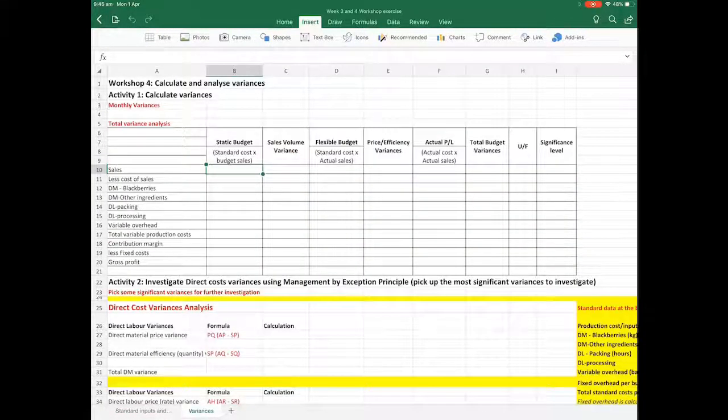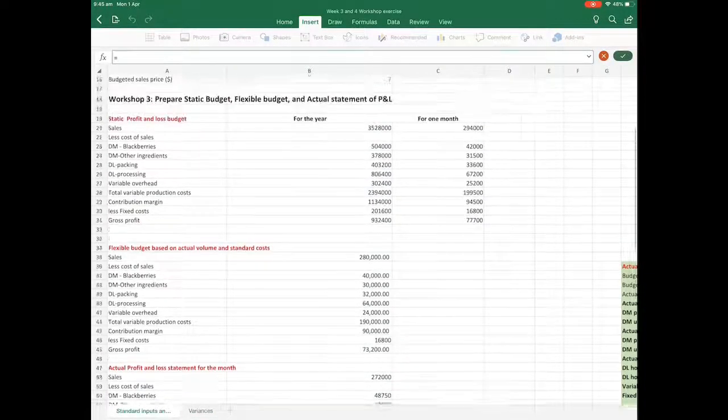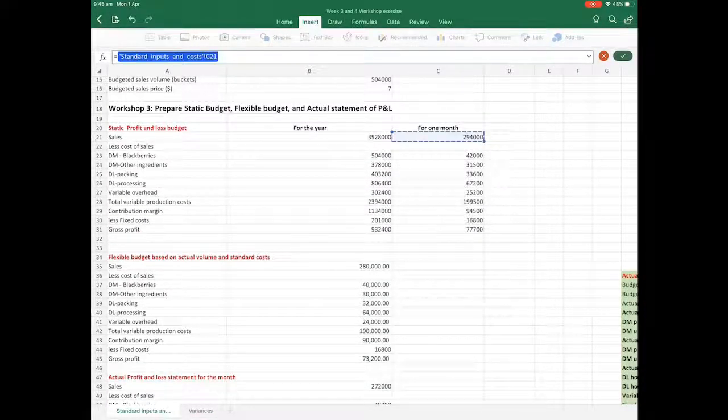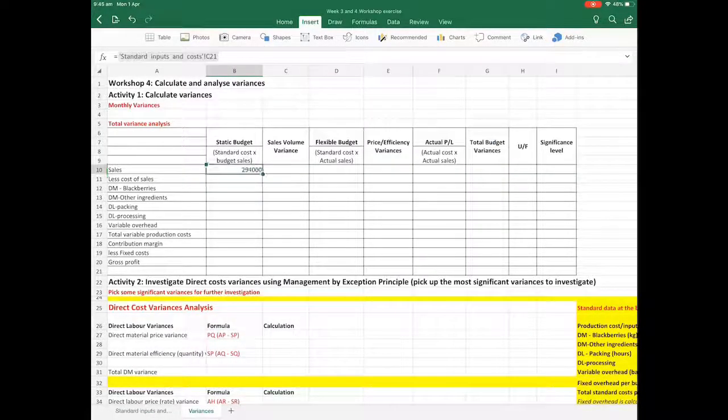The first thing we do is transfer the figures from the first tab to the second tab, using equals. For the static one, I take the one month. Now, you cannot copy from the first tab and paste to the second tab.